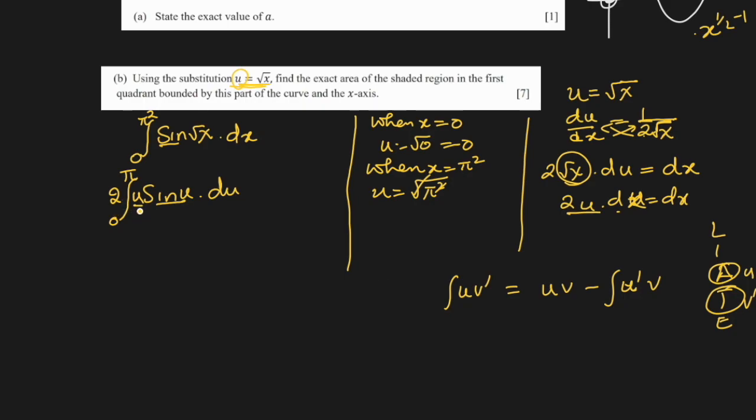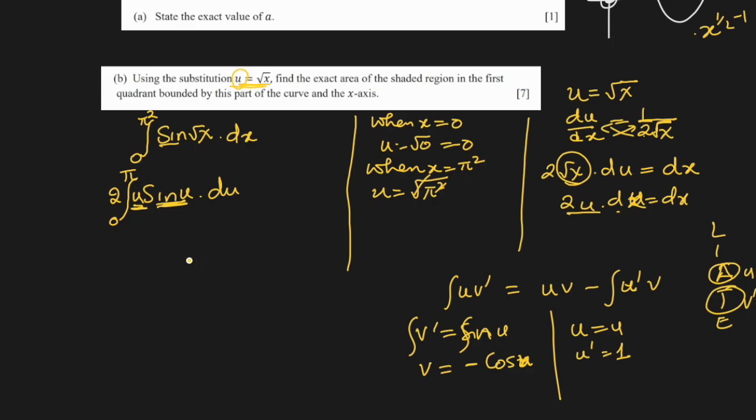So this is u, this is v prime. V prime is sine u. Integrating both sides, we get v. So v will be negative cos u. And u is u, so u prime will be 1.